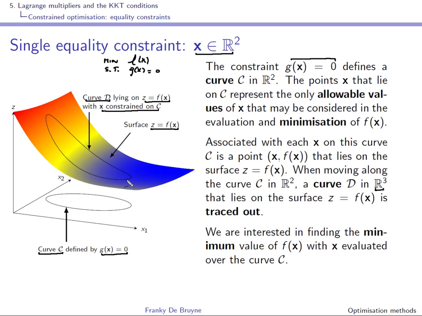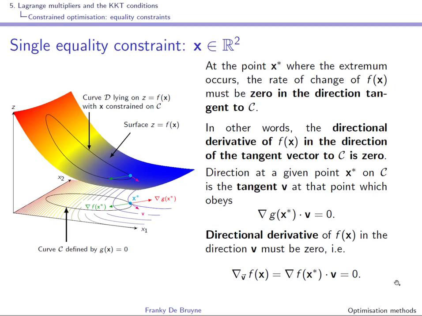This means the point with the smallest component z, and it will be a point that will be located somewhere over here. The point here on this curve D with the smallest z component is the one that corresponds to our minimization problem, and the corresponding x star is the one we are looking for.